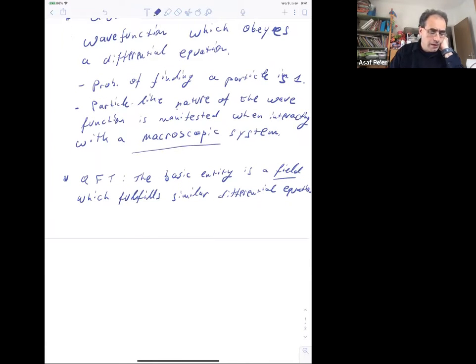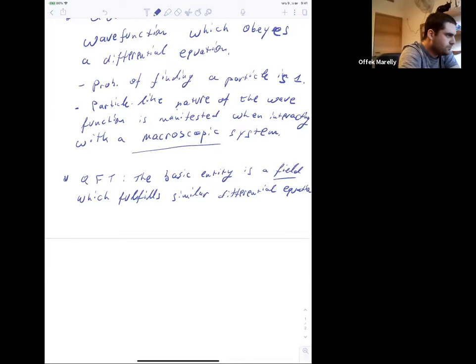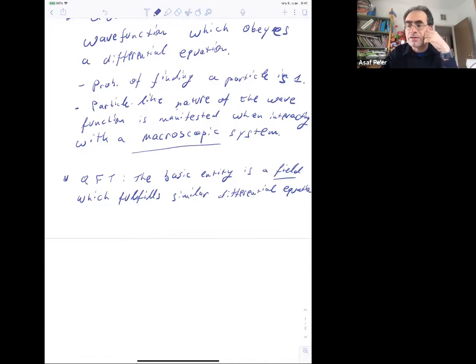Then what is a particle? We know there are these things which are called particles. So what are particles in the framework of quantum field theory? Any suggestion? What are particles, if I'm talking about fields?